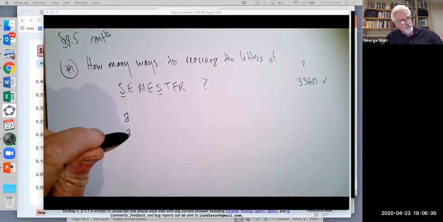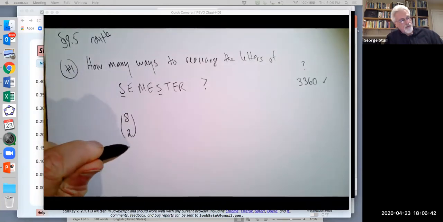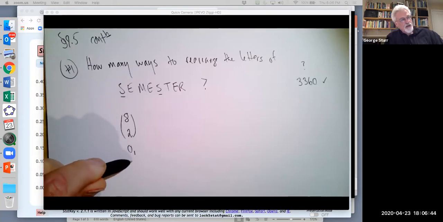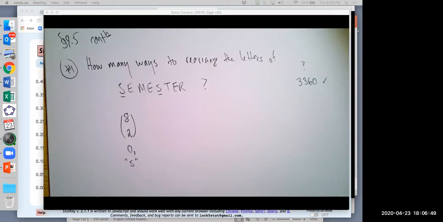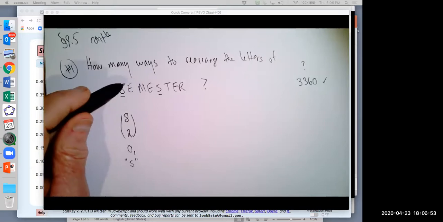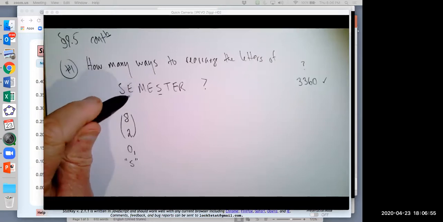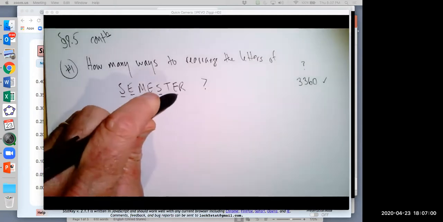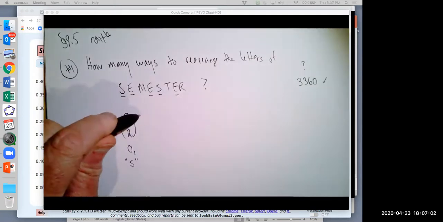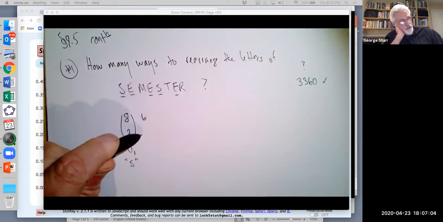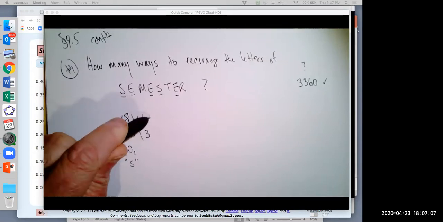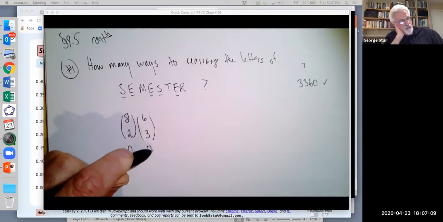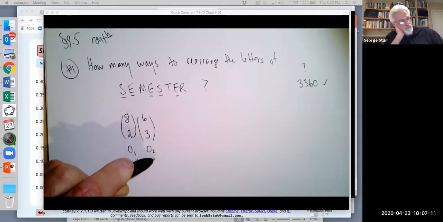Okay. And that would be the operation number 1, taking the S. Mm-hmm. Then what? And then 3 out of 6. I'm assuming you're now going to the E's. Yes. Okay, so 6 choose 3. Uh-huh. That's operation 2. Yes. Okay.